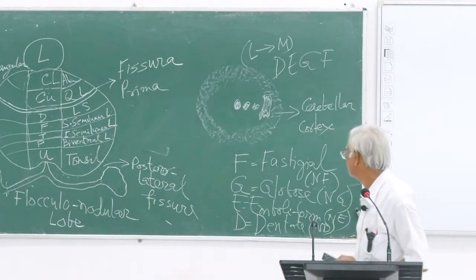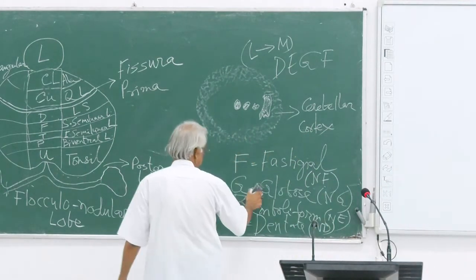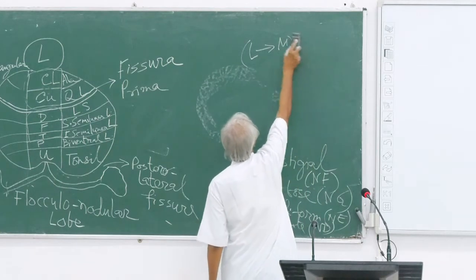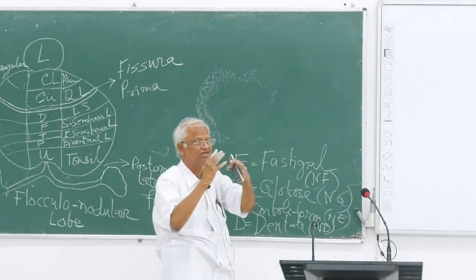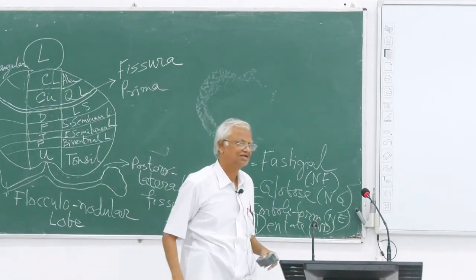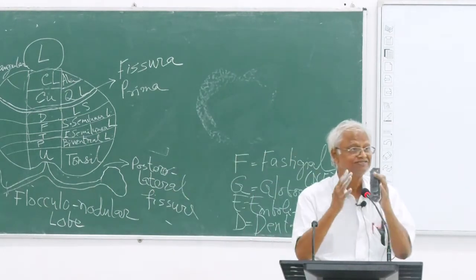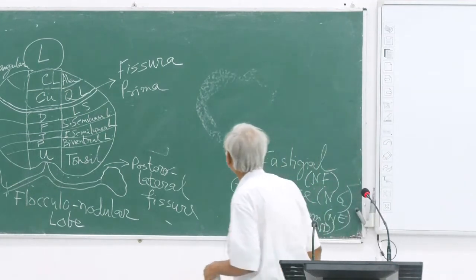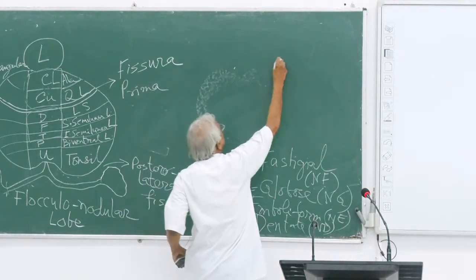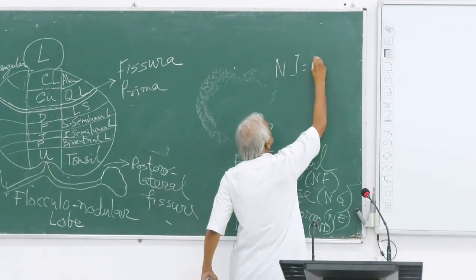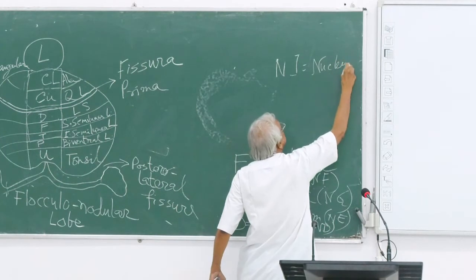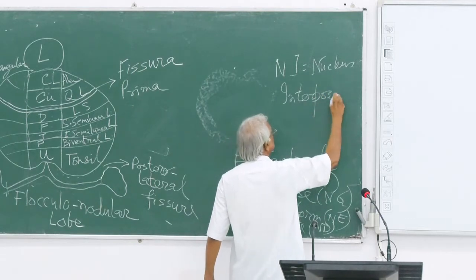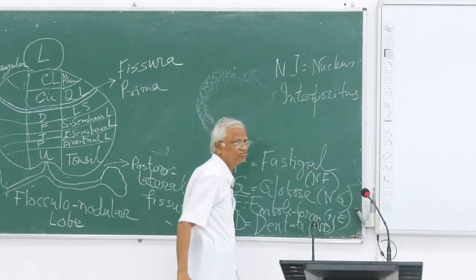Sometimes the middle two, nucleus globosus and nucleus emboliformis, are clumped together and form a single lumpy nucleus, and then it is called nucleus interpositus. It is not a normal phenomenon, but it happens.